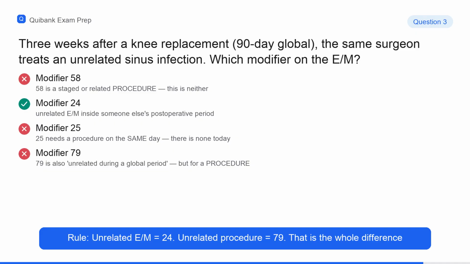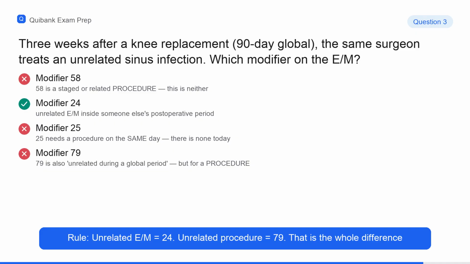Modifier 58 is a staged or related procedure, and this is neither staged nor a procedure. Modifier 25 is same day as a procedure, and there is no procedure today. Modifier 79 is the tempting one because it also means unrelated during a postoperative period, but 79 applies to a procedure. This is an office visit. Unrelated evaluation and management is 24.